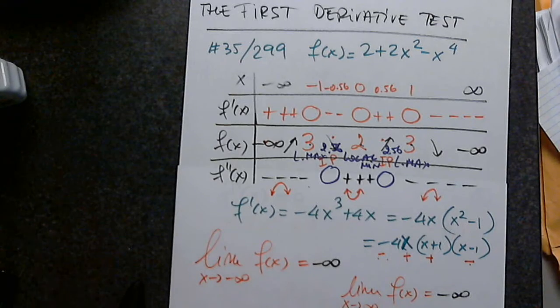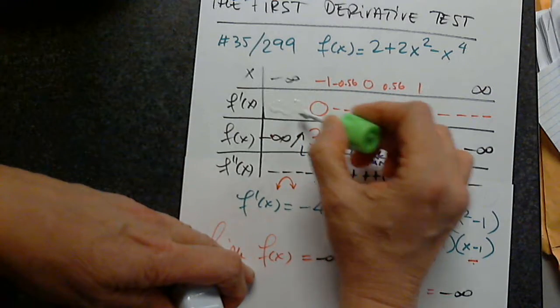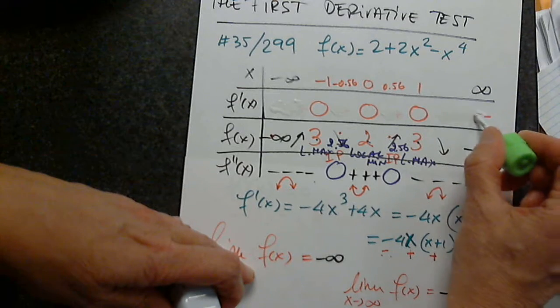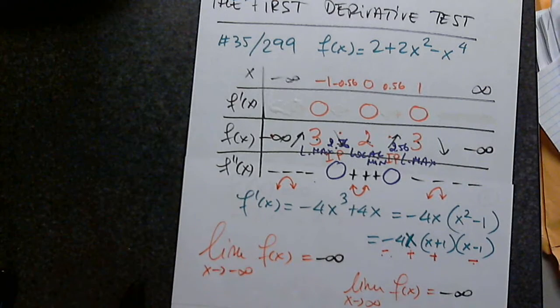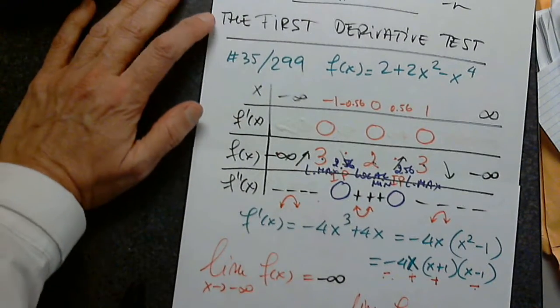So let's suppose, don't erase anything because I'm going to write it again. Let's suppose, for whatever reason, I decide not to determine the sign of the first derivative. I don't want to, for whatever reason. Here is the assessment.